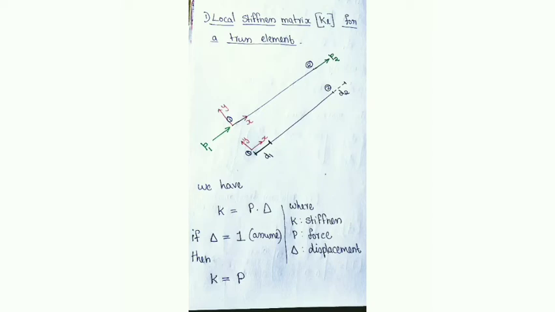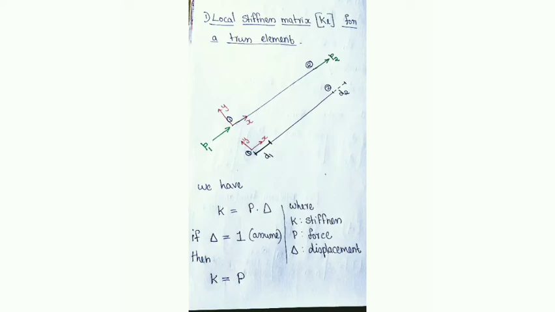Now here, due to force small p1, the displacement caused is d1. That is, we assume that due to force P1, the displacement caused is d1, and due to force P2, the displacement caused at node 2 is d2.